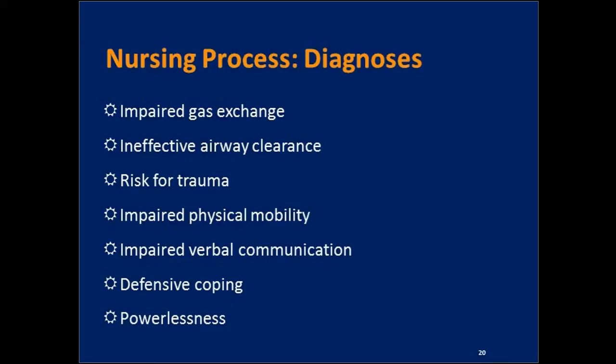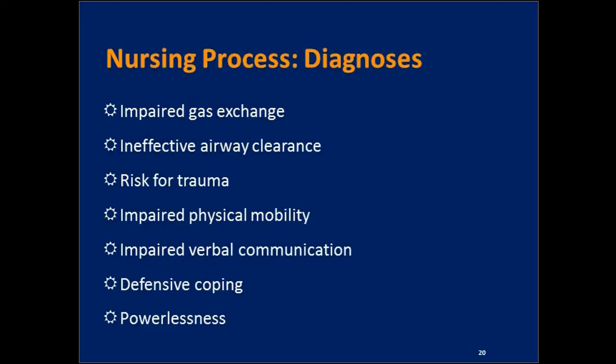With our diagnoses, continuing on with the nursing process, here are some of the diagnoses that are very applicable for a patient who has a questionable airway, might be already intubated, might be facing impending intubation, or someone who's on CPAP or BiPAP.